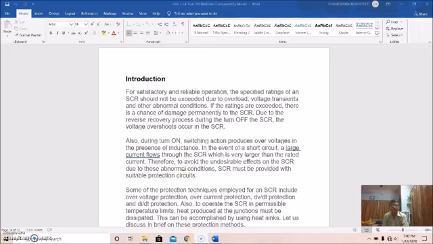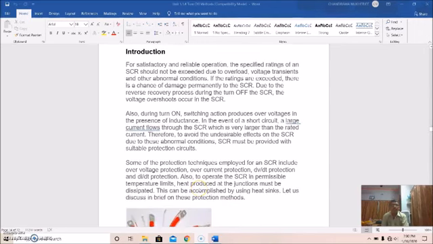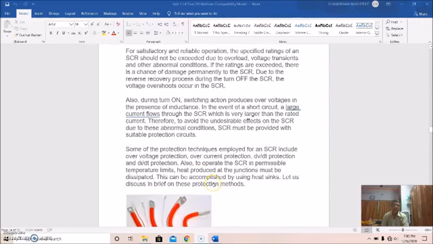Therefore, to avoid such undesirable effects on the SCR due to these abnormal conditions, it must be provided with suitable protection circuits. Some of the protection techniques employed for SCR include overvoltage protection, overcurrent protection, DVDT protection, DIDT protection, etc.